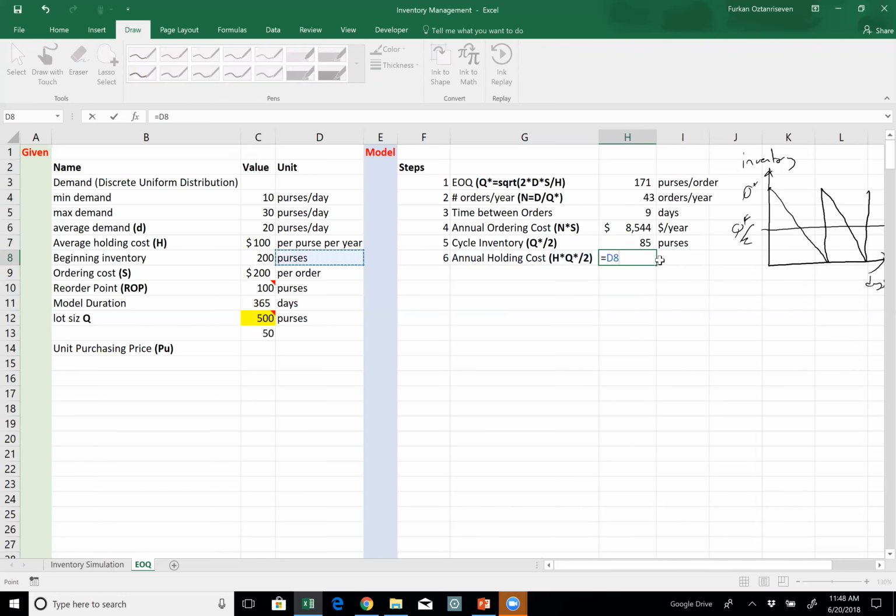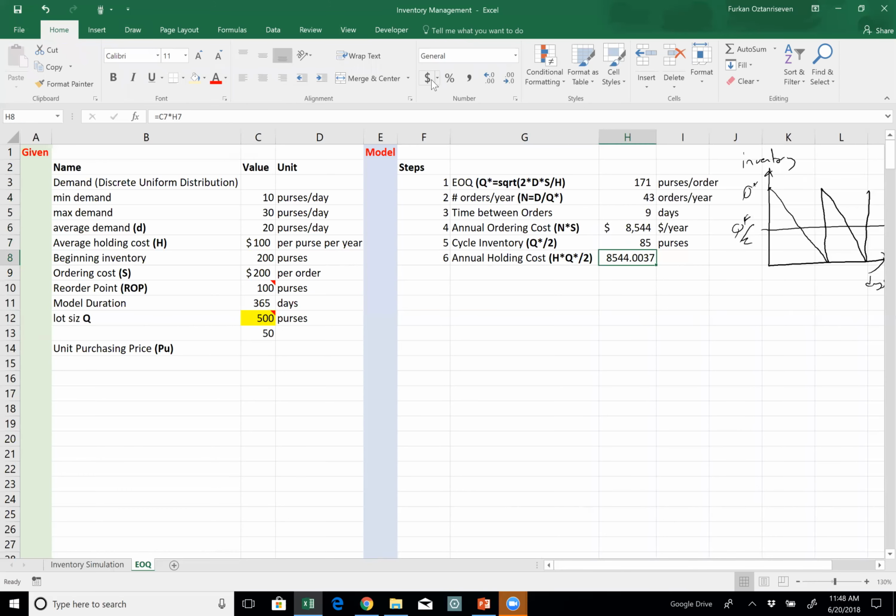Capital H is $100 times my Q star over 2 is 85. So my annual holding cost is $8,500. Right? And as you see here, this and this, ordering cost and holding cost, should be equal because that's what we said.